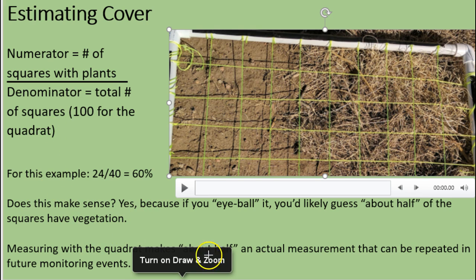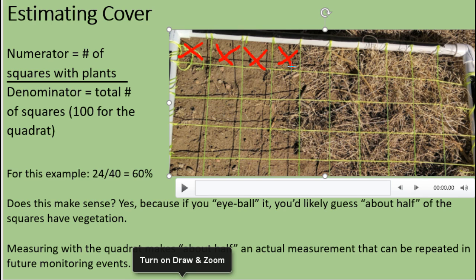Okay, so let's go through here. This is 4 rows of a Quadrat. We're going to use this as our example. In this first square, there are no plants. No plants, no plants, no plants.